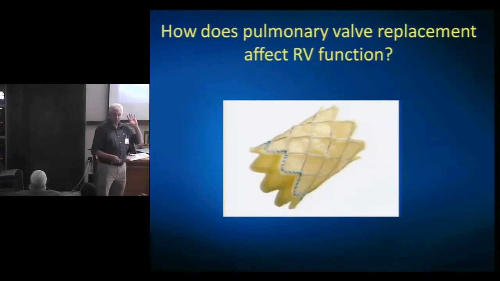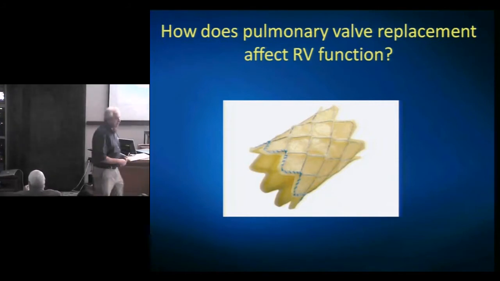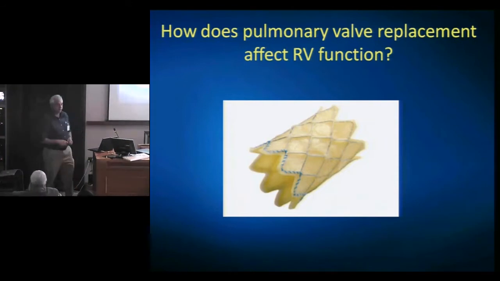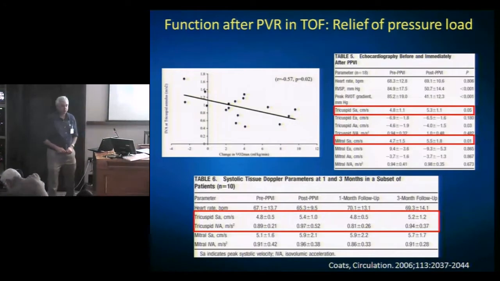If patients are symptomatic, people will replace the pulmonary valve. If patients are asymptomatic, you can have whole symposia on when to do that. But generally, if you have a very dilated right ventricle or an increasing right ventricular volume of different dimensions, people will replace the pulmonary valve. So how does this affect function?